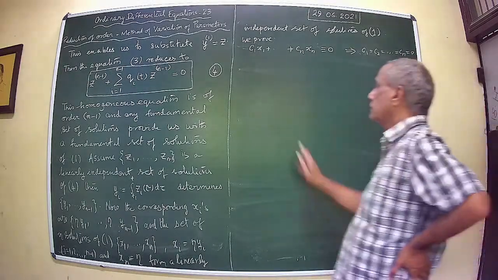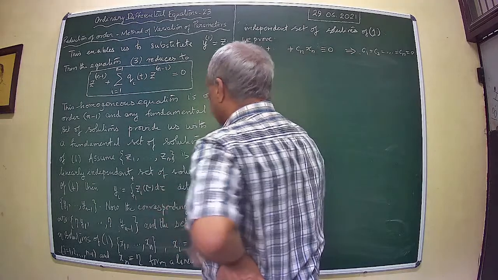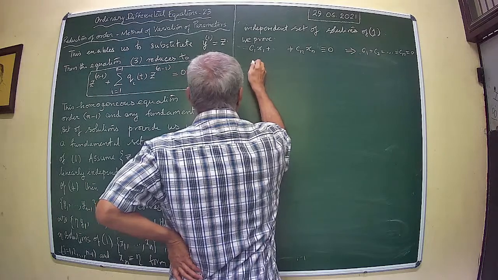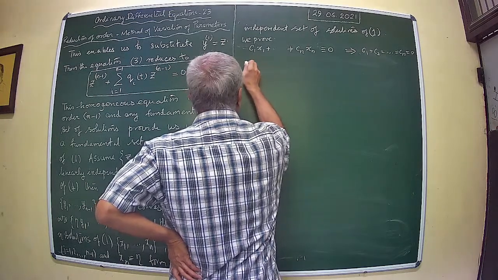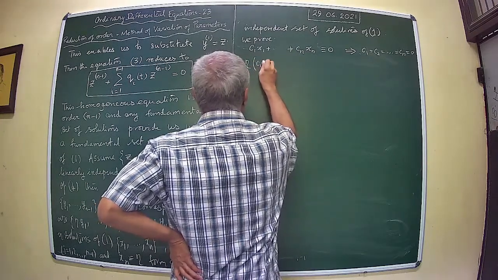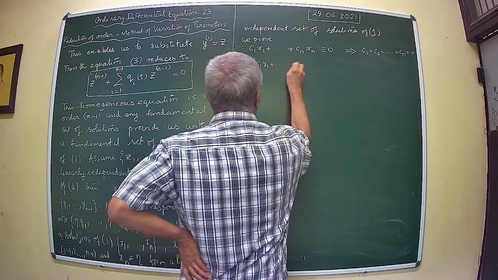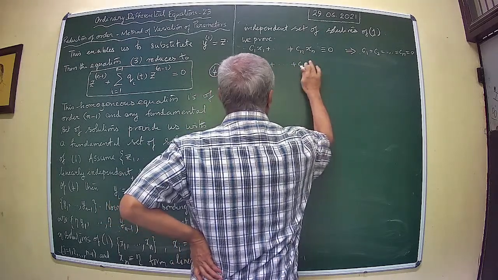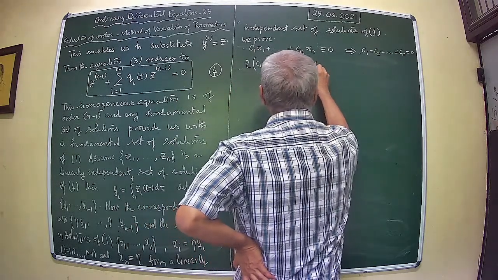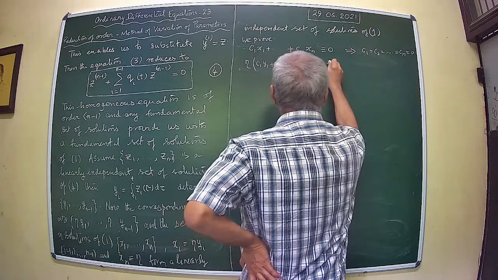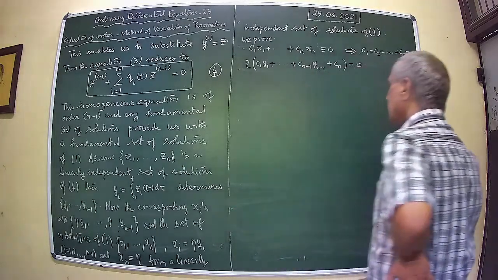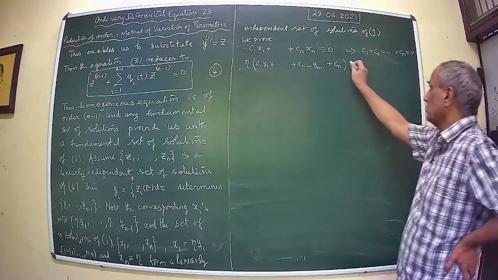How do you prove that? Now this means we rewrite in terms of that. Therefore, eta times c1 y1 plus etc. cn minus 1 yn minus 1 plus cn equal to 0 identically.